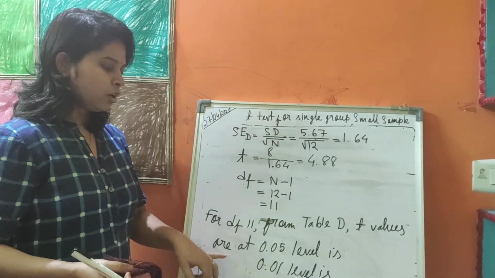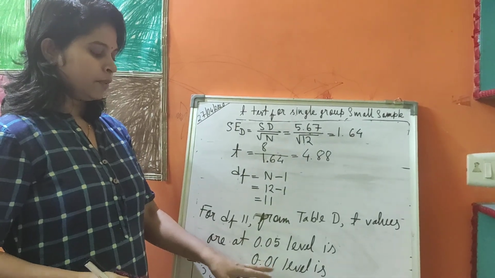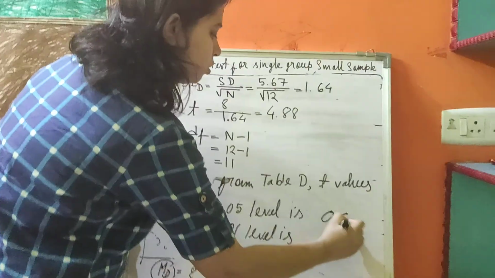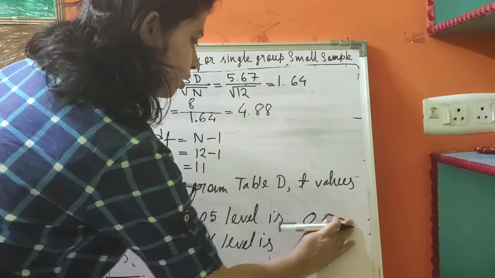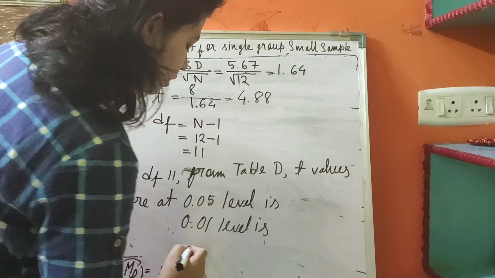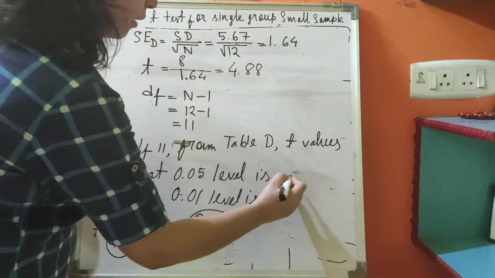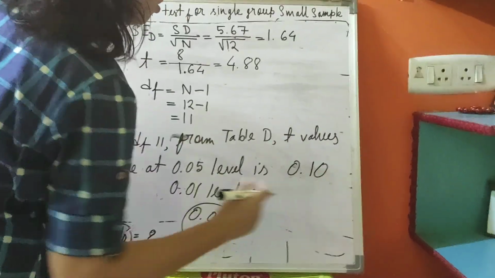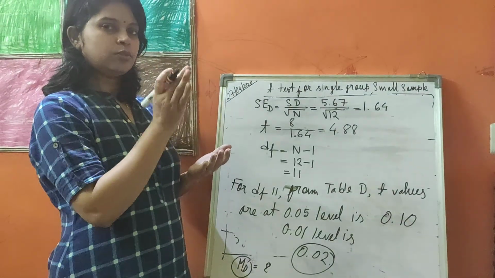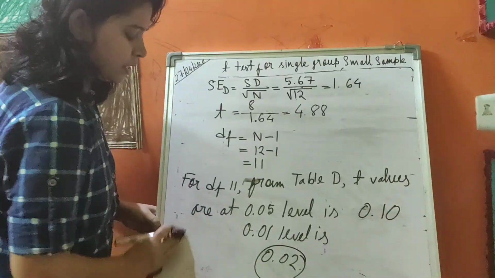So what will happen when we try to find the value at the 0.05 and 0.01 levels? For the 0.01 level we have to check the value at the 0.02 column, and for the 0.05 level we have to check the 0.10 column, because it is a one tail test, so all the value remains on one side of the NPC curve as per the concept of the NPC curve.